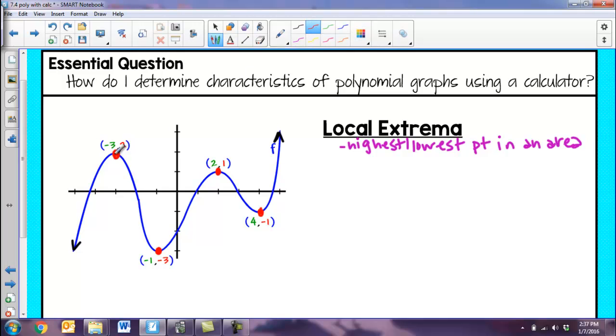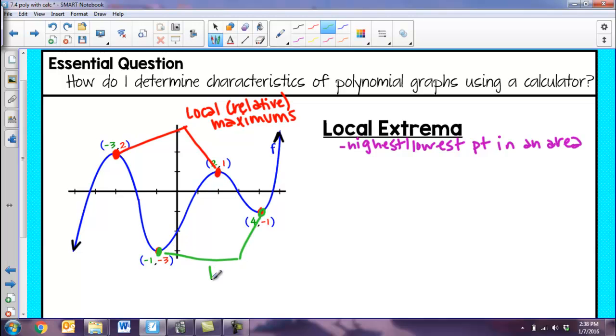These two guys, (-3, 2) and (2, 1), those are going to be considered local or relative maximums, because they are a maximum point. However, they are not the maximum point of the graph. So those two are local or relative maximums, whereas these two guys down here are going to be local or relative minimums.